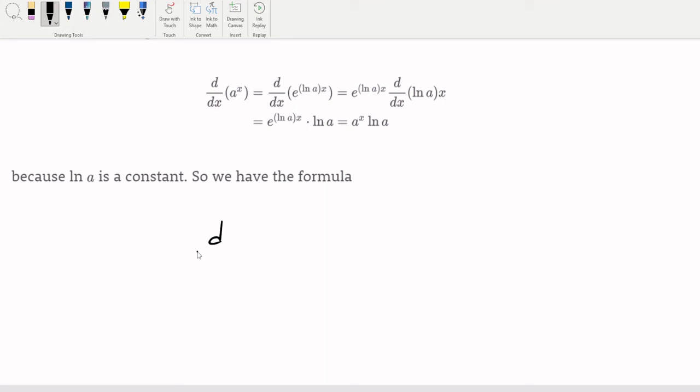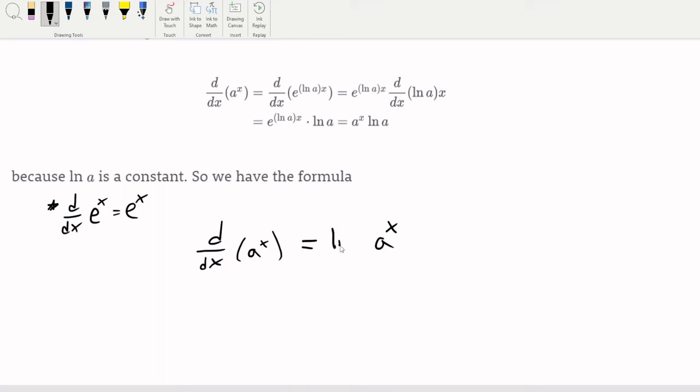The derivative of a to the x. Just as a reminder, we know the derivative of e to the x is e to the x. But if a, this number here, is not e, something else, 2, 3, pi, whatever, then the derivative of this is going to be a to the x. So that kind of matches.